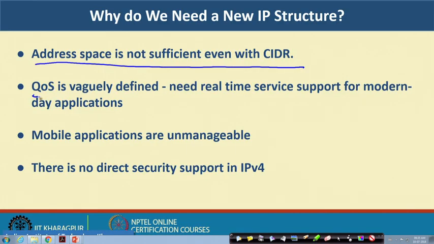Another thing was quality of service. In IPv4, quality of service was vaguely defined. We will look into the details of what quality of service means in later lectures. In brief, when this IP addressing scheme was initially designed, people were only interested in transmitting data traffic, but nowadays we are transmitting multimedia traffic over the internet.